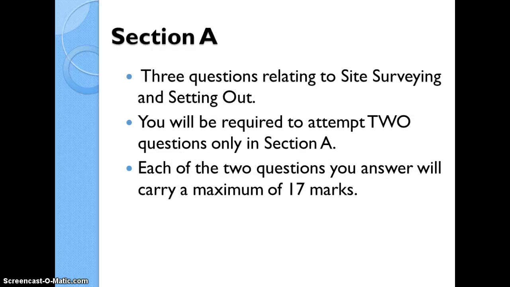Looking then at section A, Adam's section, as I said, there are 3 questions here, and you'll be required to attempt 2 of them. For each of the 2 questions that you answer, you can be awarded a maximum of 17 marks. There are 34 marks available in section A. The topics that will be covered are exactly as you would expect.